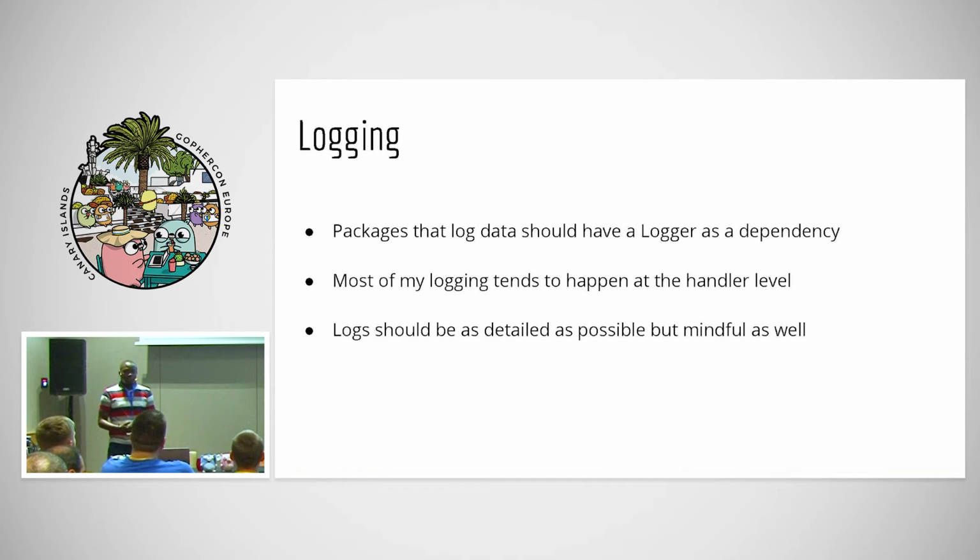Where I find myself doing logging other than from the handler is where I have Go routines that run concurrently to the application and maybe run at specific runtime intervals. Then it will require a logger interface and do its own logging at its own time, because it's a handler on its own. And one thing to note is we should try to keep our logs as detailed as possible, but at the same time succinct.